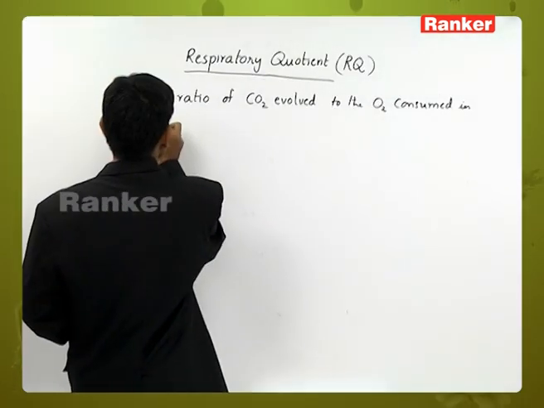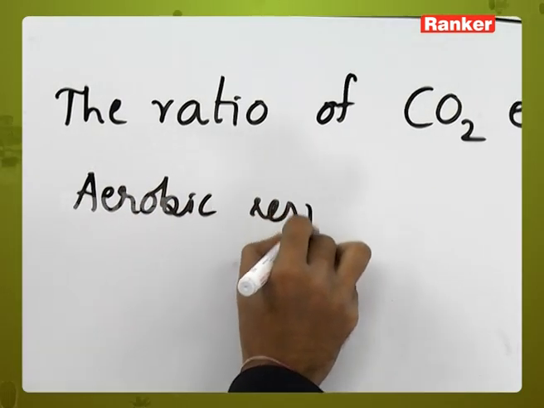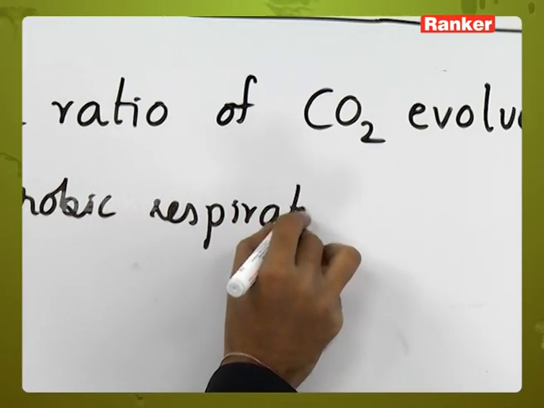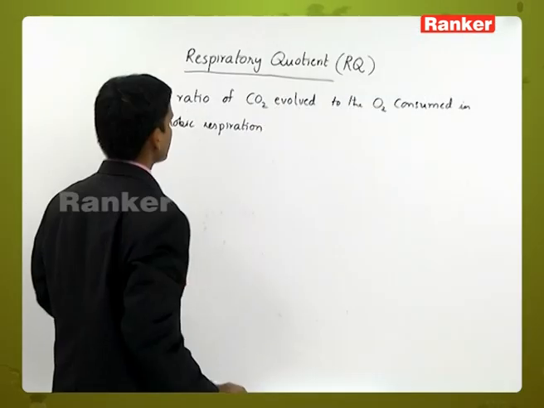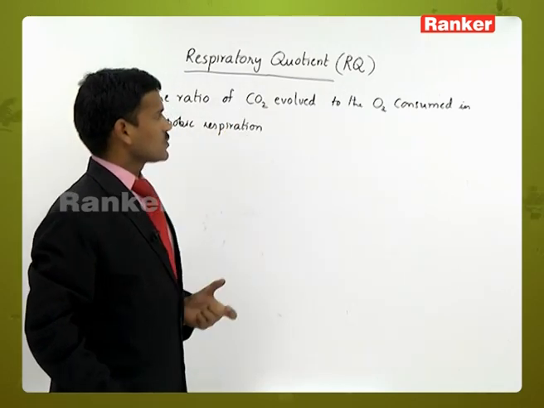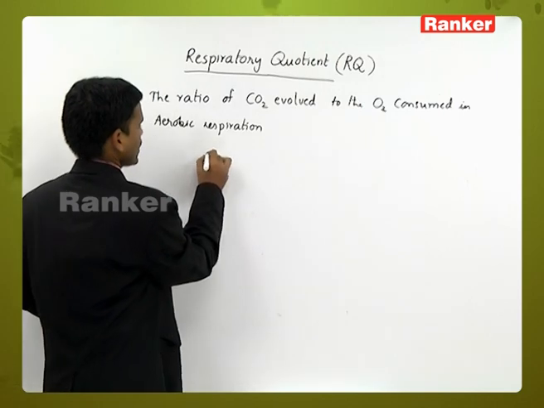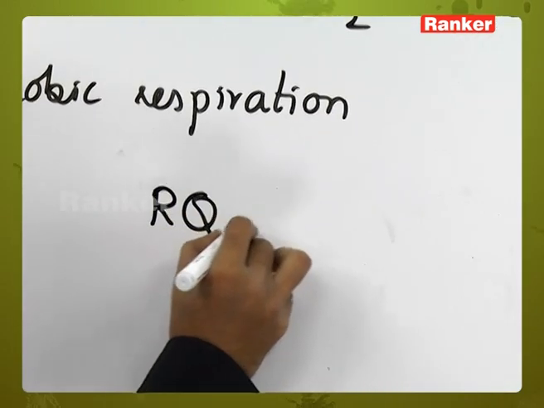In aerobic respiration, the ratio of CO2 evolved to the oxygen consumed is the RQ value.